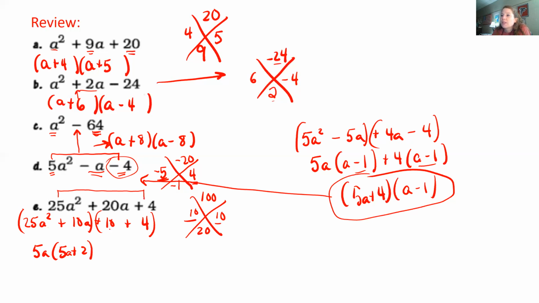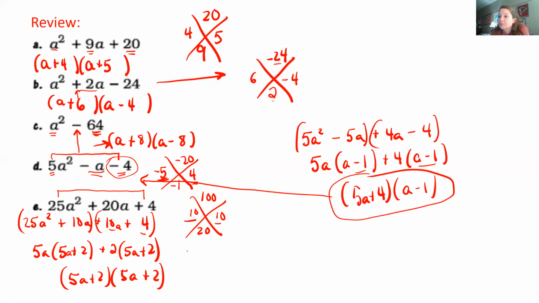We can divide both of these numbers by 2. Whoops, I forgot my A right here. And then I get 5a plus 2, 5a plus 2. And then our answer is what's on the outside and what's on the inside. 5a plus 2 times 5a plus 2.